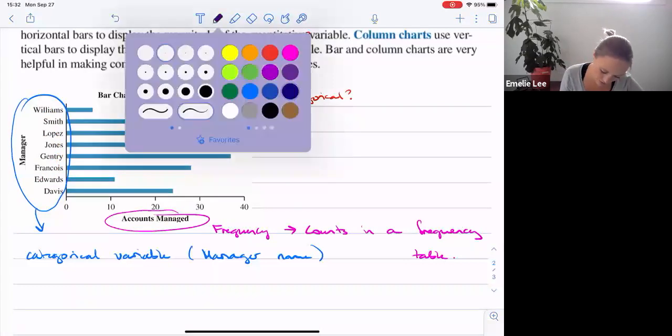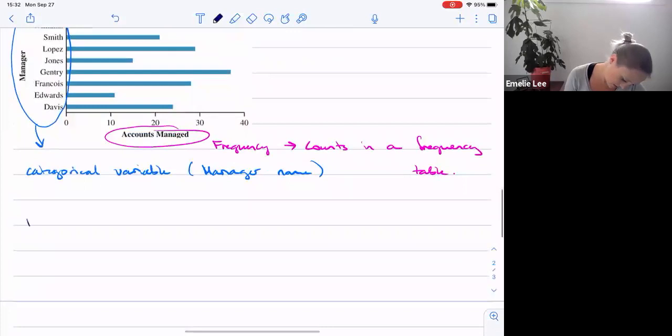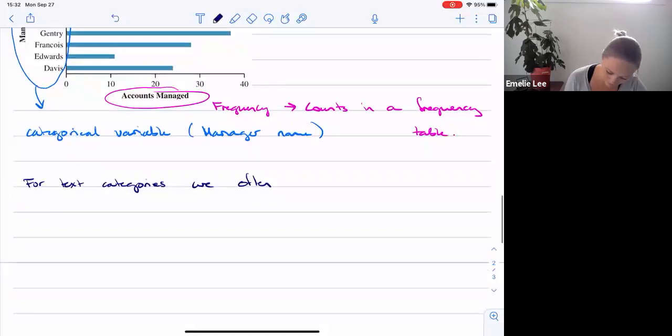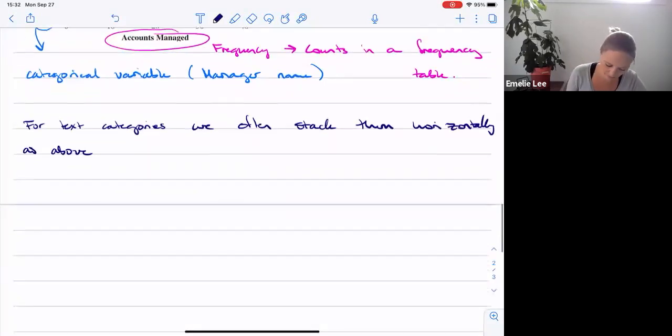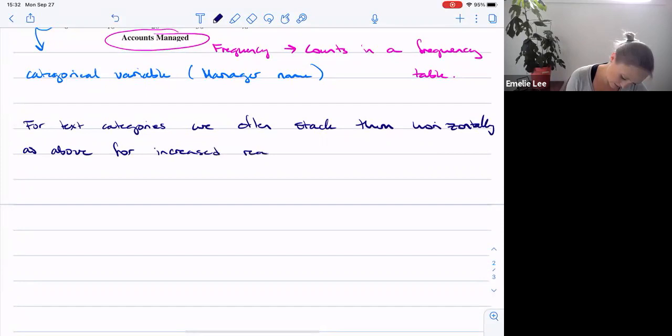So for text categories, we often stack them horizontally as above, for increased readability.